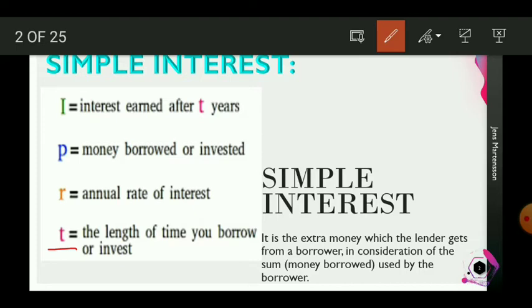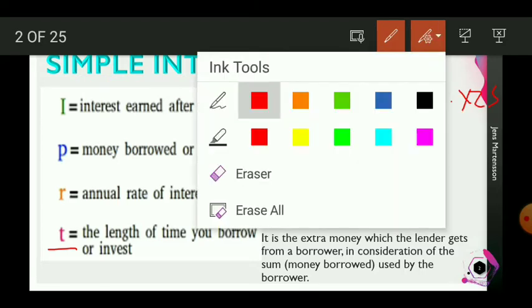When I'm getting 5% per month, I'm going to get 10% over the 2 months. So 25 plus 10% of 25.